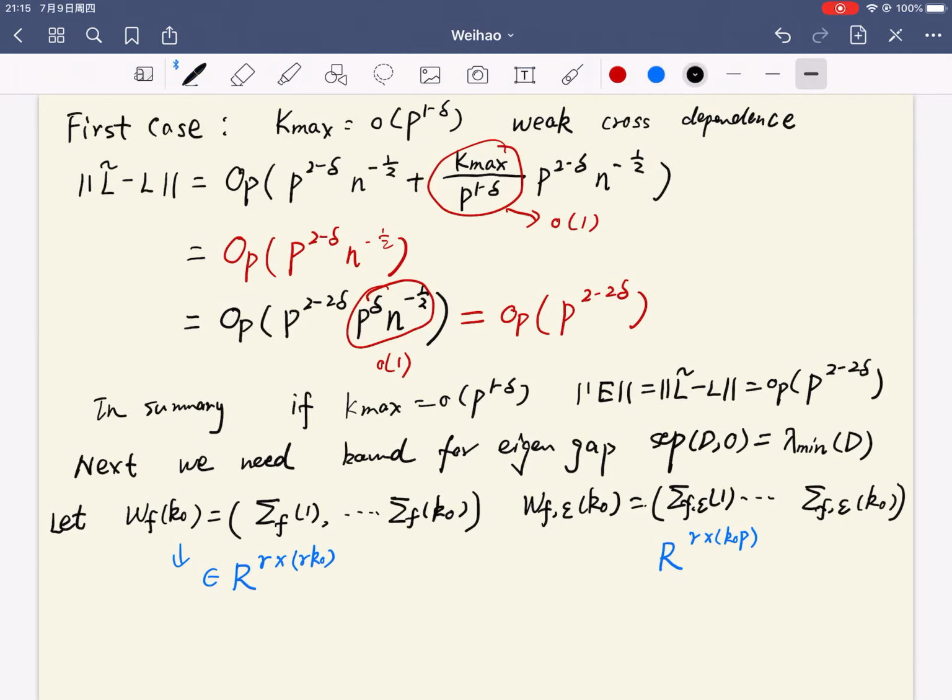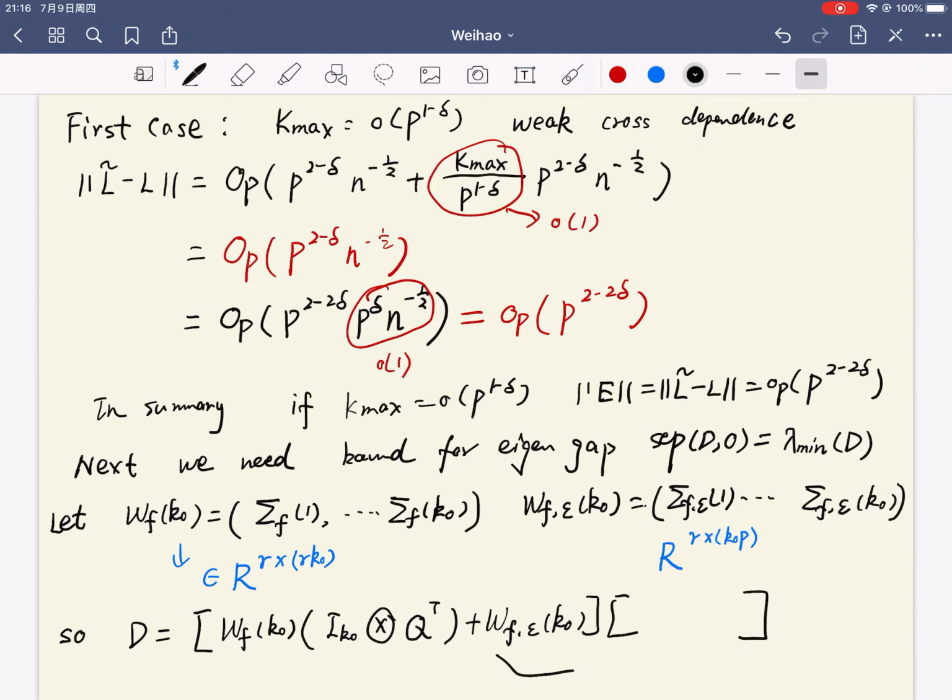So we can rewrite the diagonal matrix D as following. Previously, we know that diagonal matrix D is the summation of K0 positive semi-definite matrices.